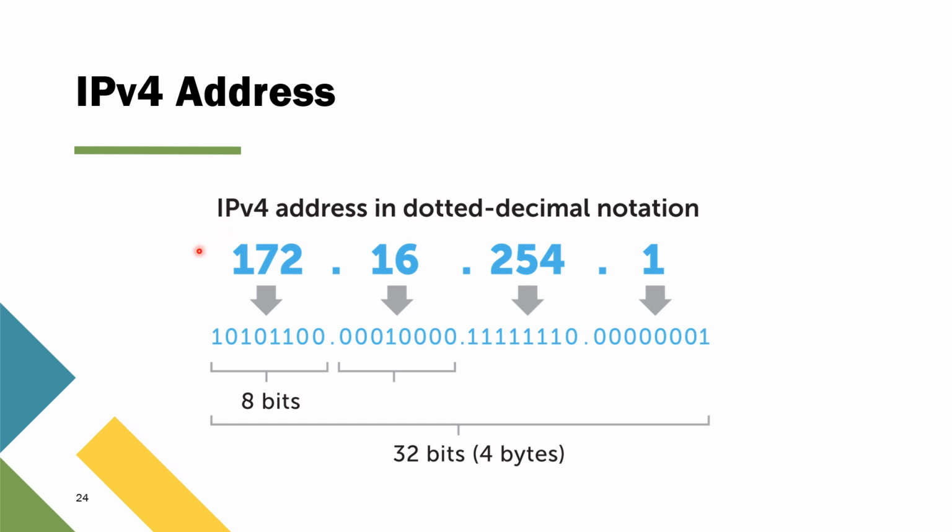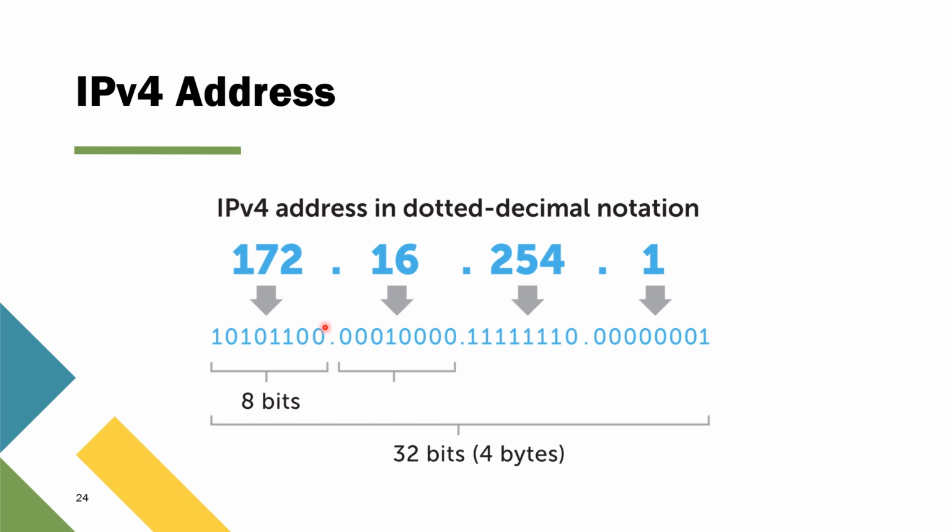If you can see the number here, there are four numbers that are separated by dots. Okay, so each of these numbers represents 8 bits. So if we want to translate 172 into a bit number, which is 10, it will be like this, one.